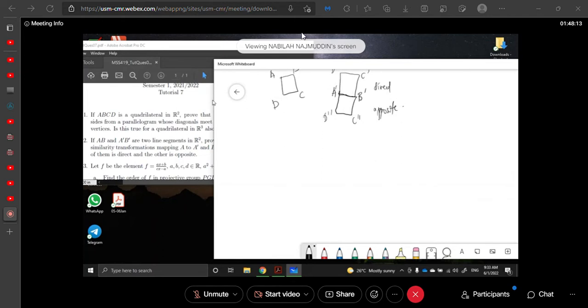So we take a square ABCD on the line segment AB, and there are two possible squares.